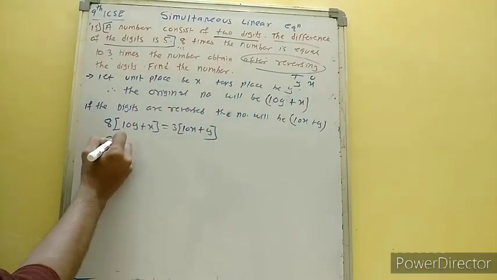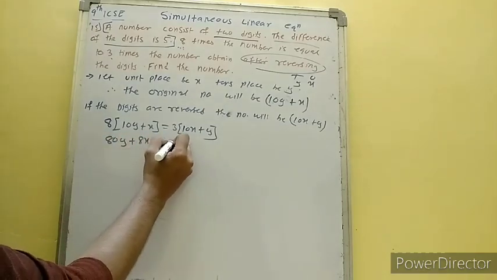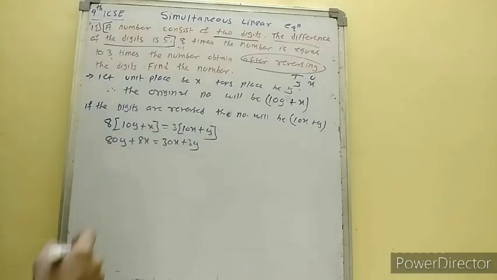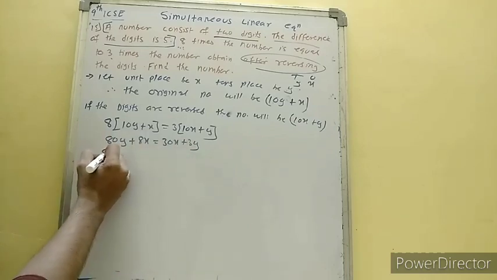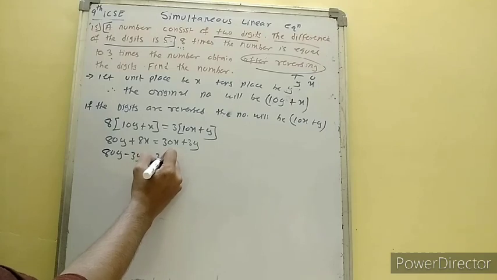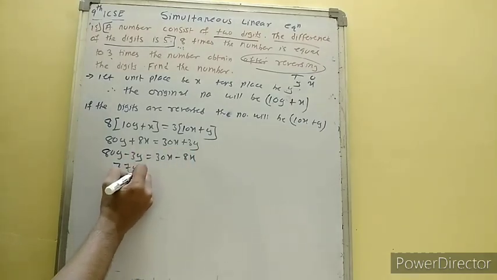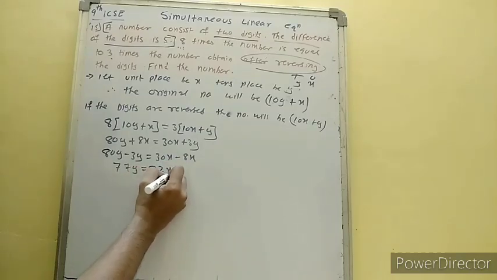So it is 80y plus 8x equals 30x plus 3y. So I'll take all the terms inside y terms. So we have 80y minus 3y and 30x minus 8x. So that is 77y is equal to 22x.